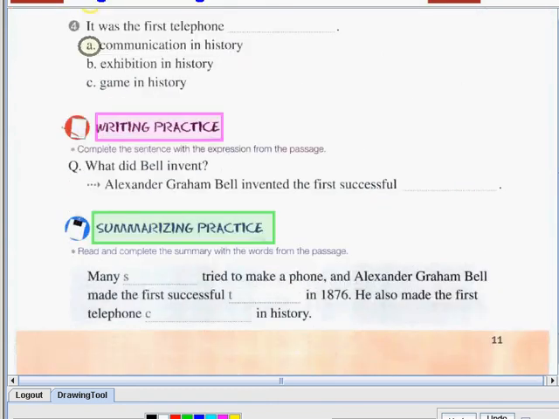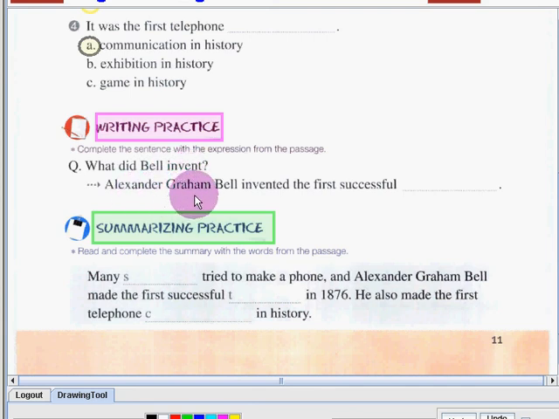The second activity, or the second part, is the writing practice. Here, you are going to complete the sentence with the expression from the passage. So, let's start. This is the question. What did Bell invent?